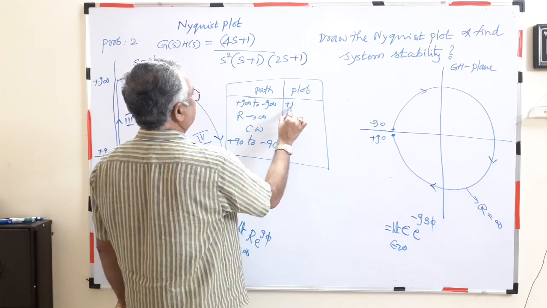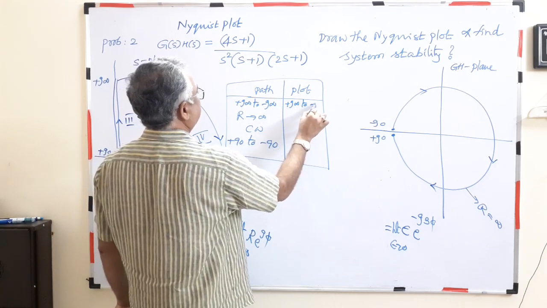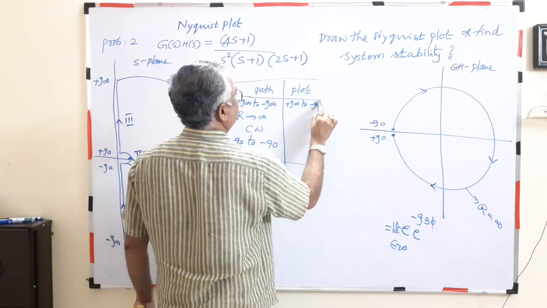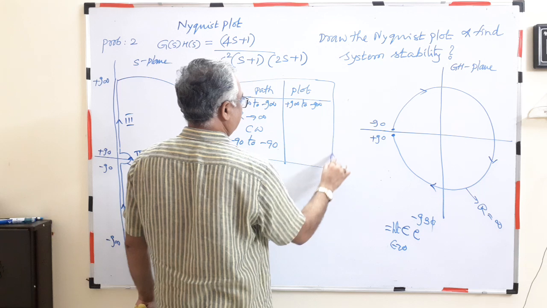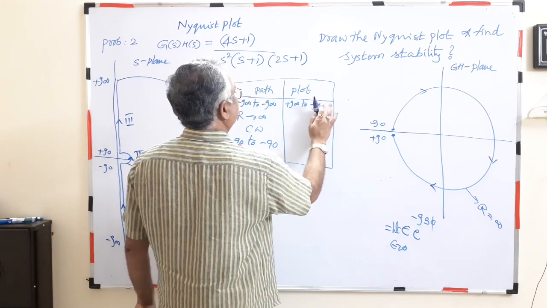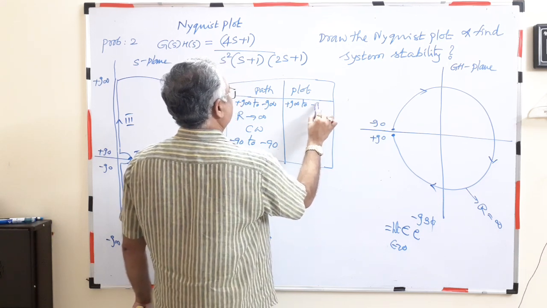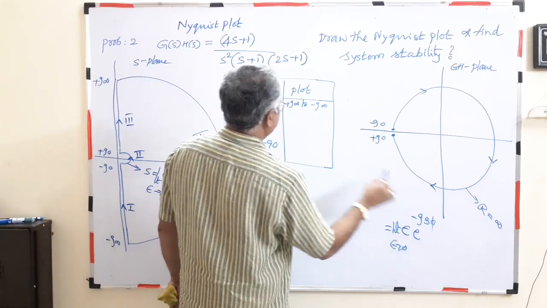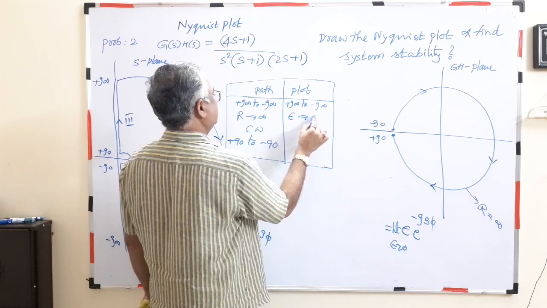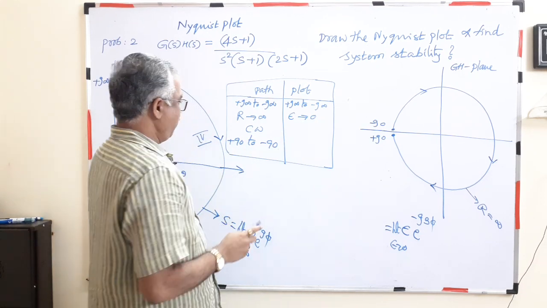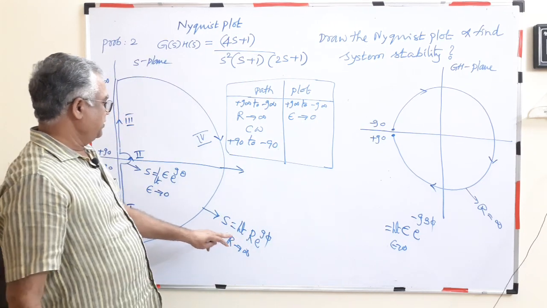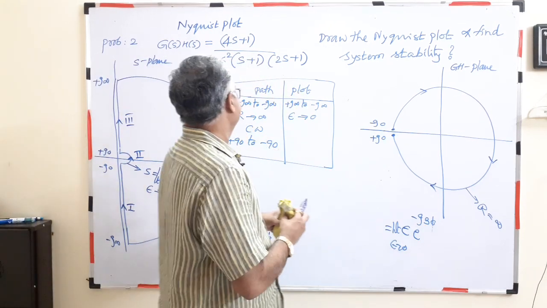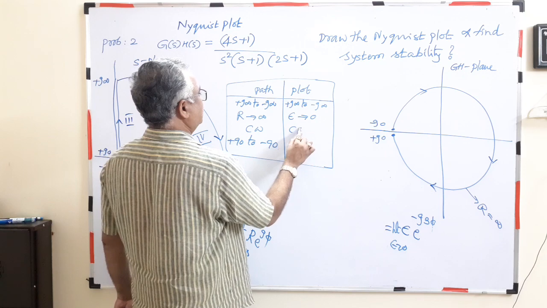So this is as usual plus j infinite to minus j infinite. R tends to infinite, but here epsilon tends to 0. Here positive is becoming negative. So clockwise changes to counterclockwise.